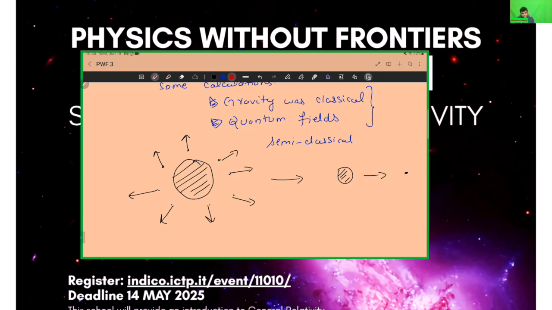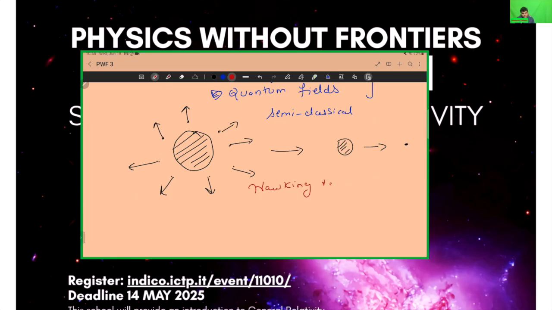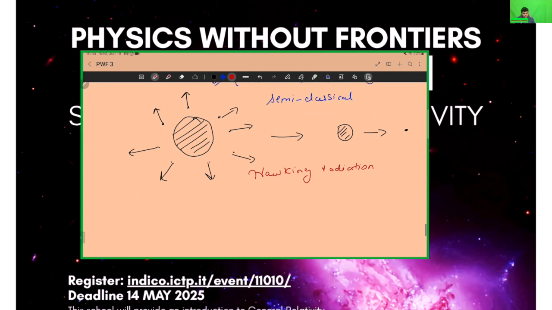This particular radiation is known as Hawking radiation, and it is a very low frequency radiation for large black holes. Okay, so this radiation is thermal, which means that if you look at the spectrum of this radiation, it looks exactly like the spectrum of a thermal radiation.